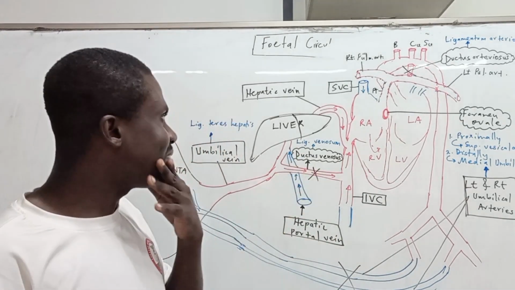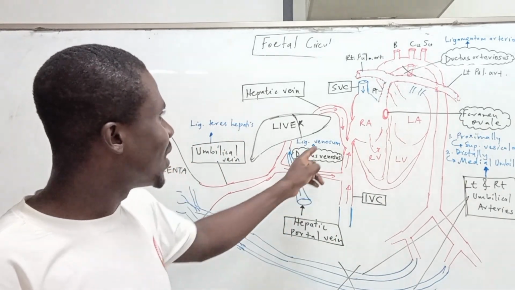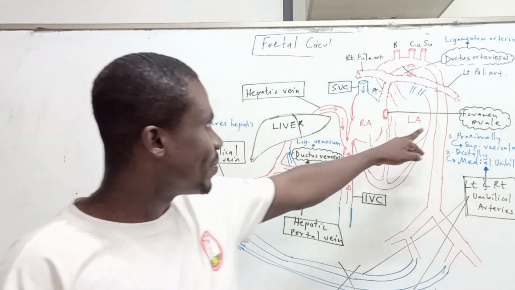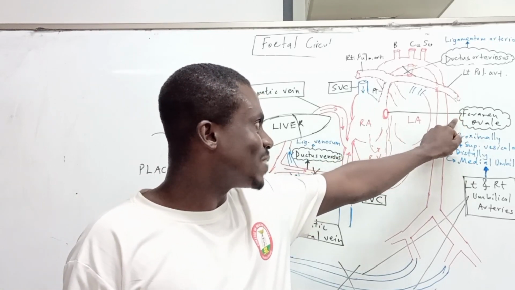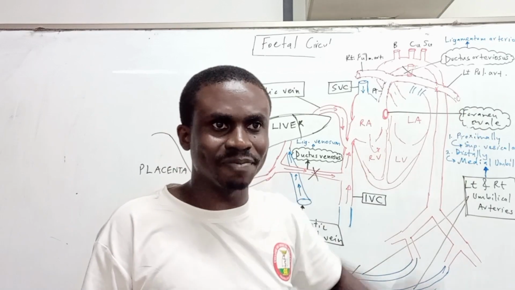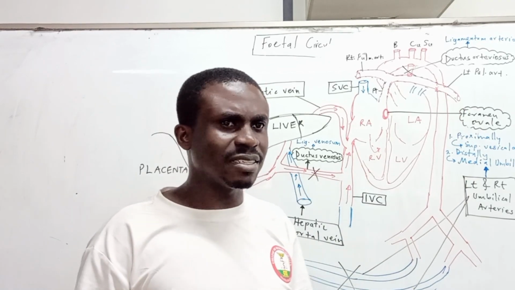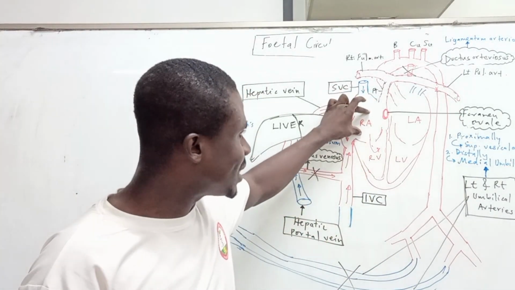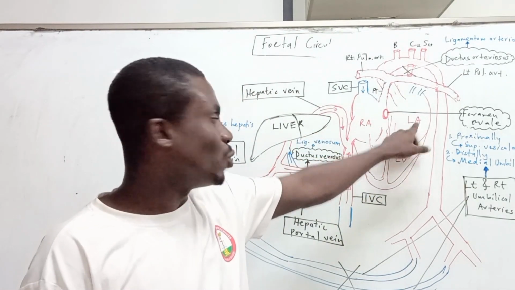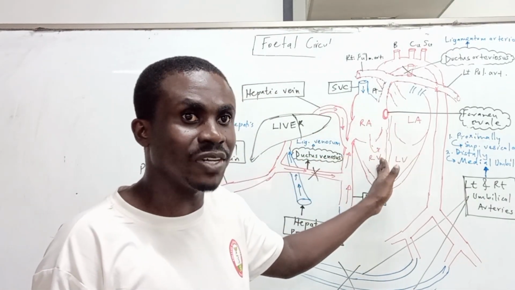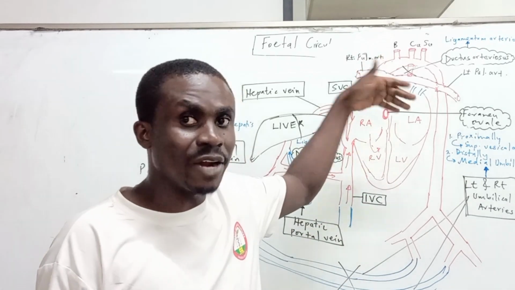Now, the next thing we saw is another shunt system, the foramen ovale, so that blood entering the right atrium is shunted across, and we don't want it to go to the right ventricle, into the pulmonary trunk and the lungs.